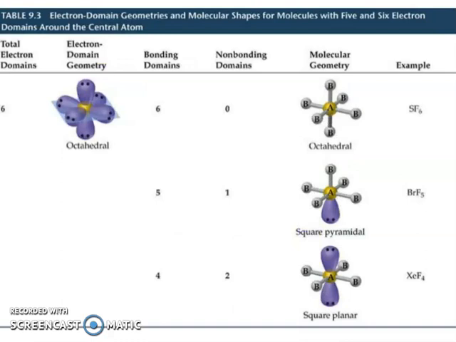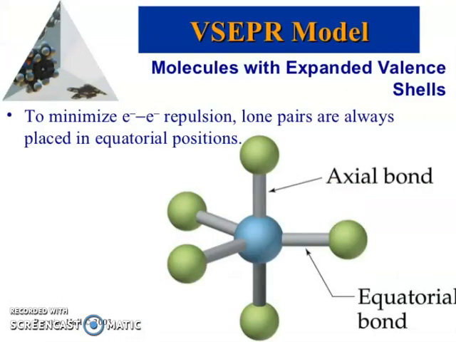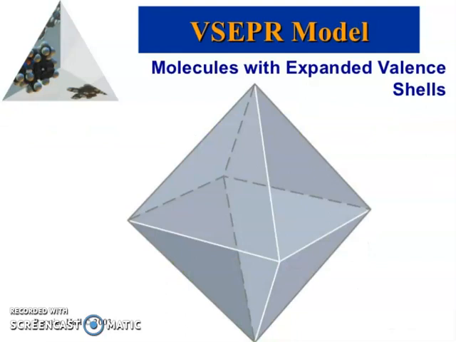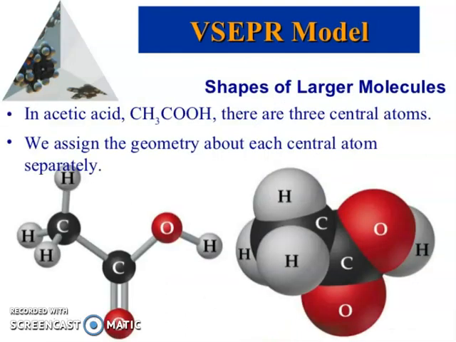In the same way, bonding domain 6, non-bonding domain 0, octahedral, example SF6. 5-1, this is a square pyramid, and 4-2, a square planar. To minimize electron-electron repulsion, lone pairs are always placed in the equatorial position. So, axial bond and equatorial bond. So, this is the geometry.